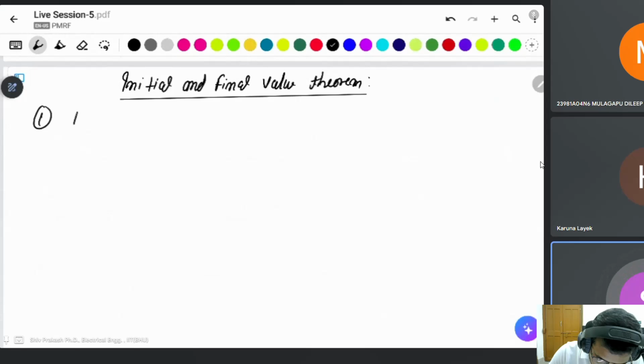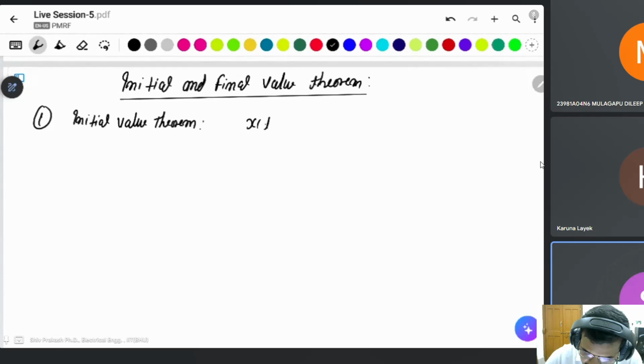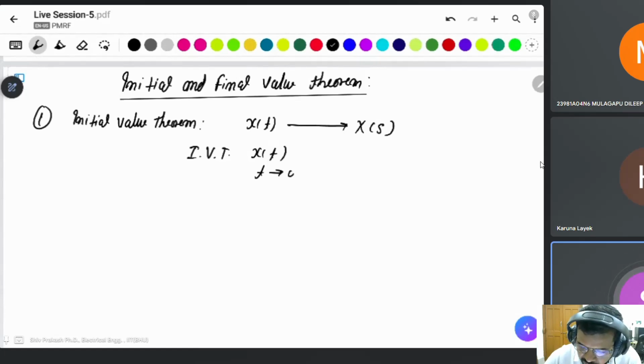First one is initial value theorem. Suppose there is some function x of t in time domain and in s domain it will be X of s. Then the initial value theorem says that x of t as t tends to 0, it means the initial value at the start. In the frequency domain, if t is equal to 0 in time domain, then the frequency domain equivalent is infinity.